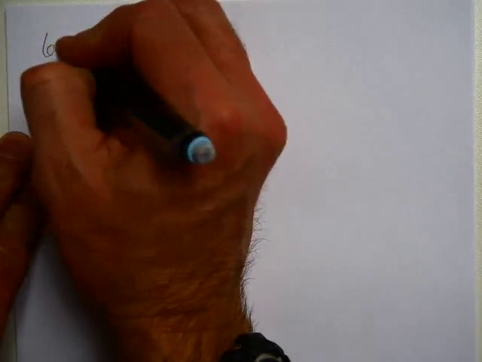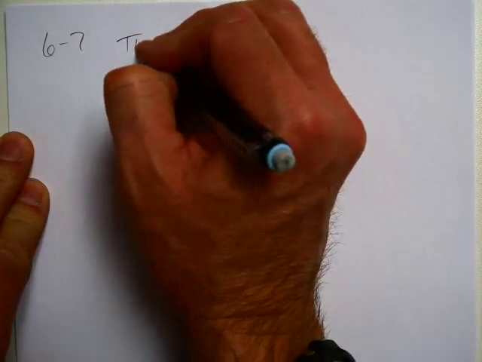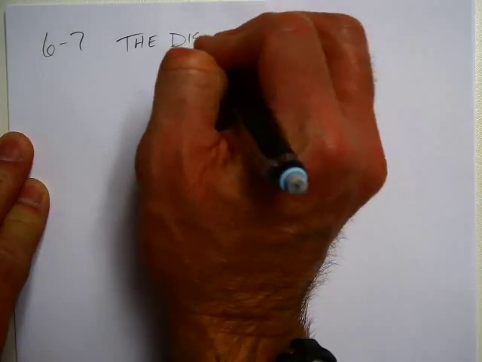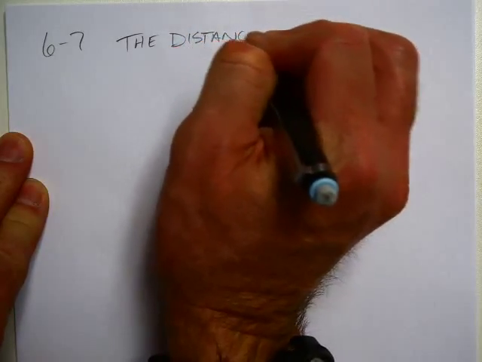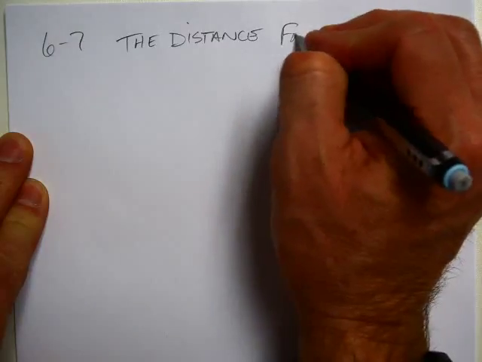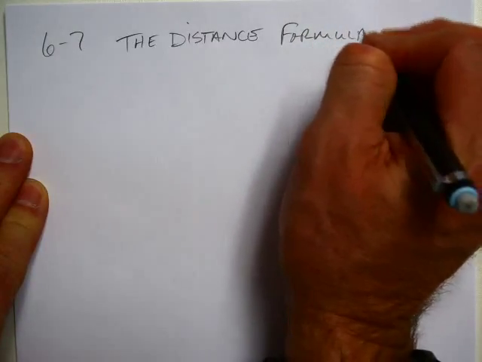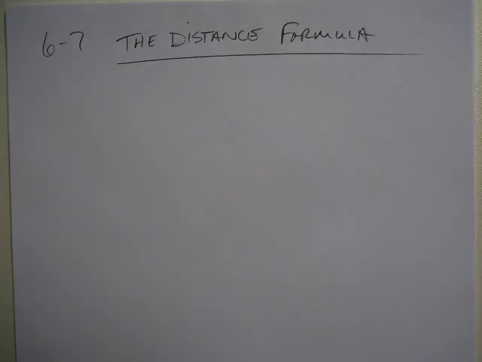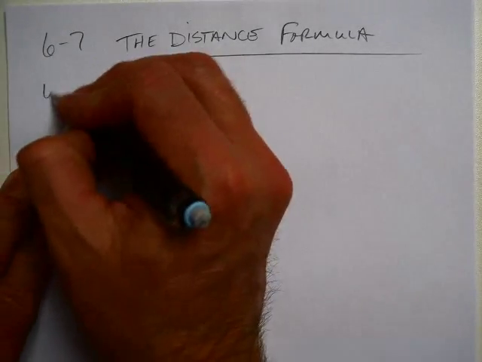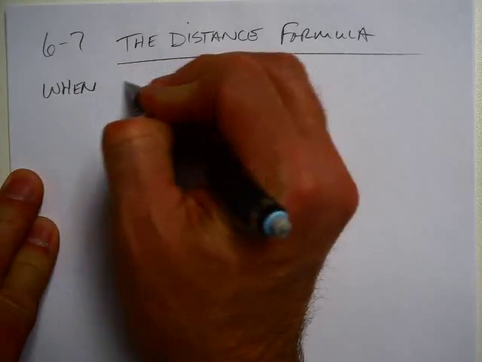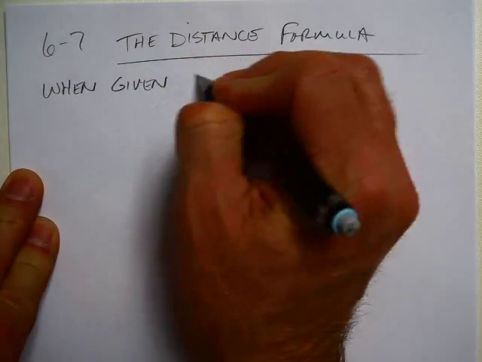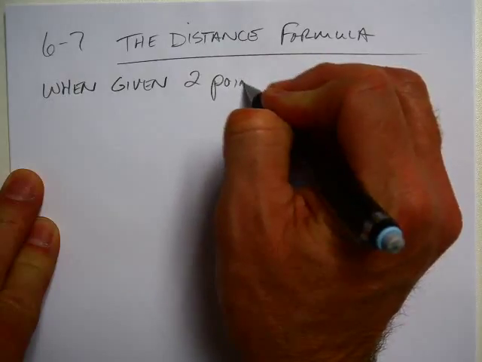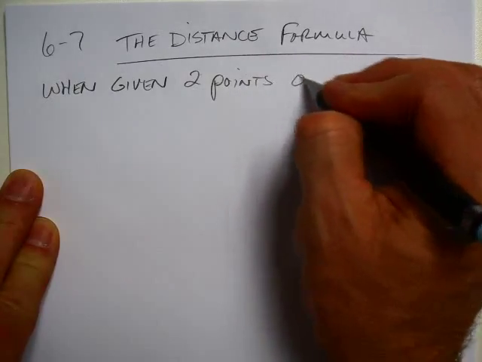Is 6, 7, the distance formula. So the distance formula applies when we're given 2 points on a coordinate plane.